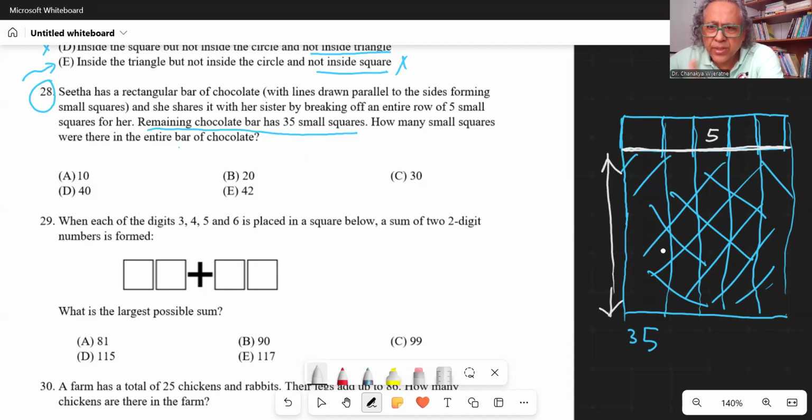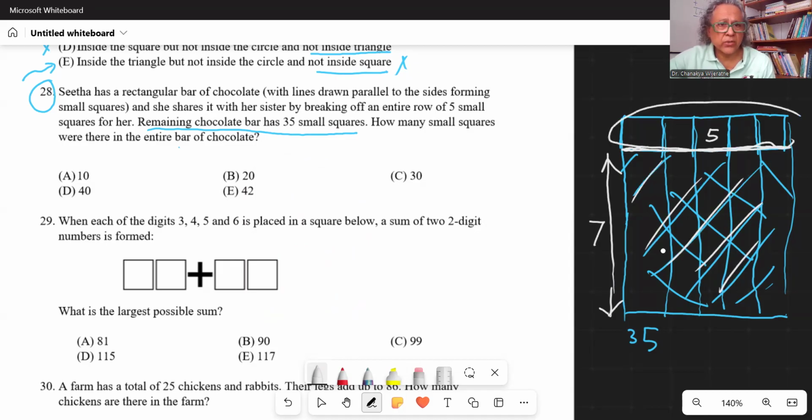Whatever that number is, its product should be equal to 35. So that means there are seven squares here. And actually, you don't need to find the seven, because if this area has 35 and here you have 5, it is actually 40.